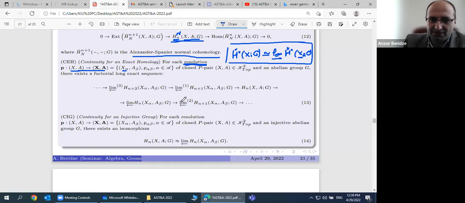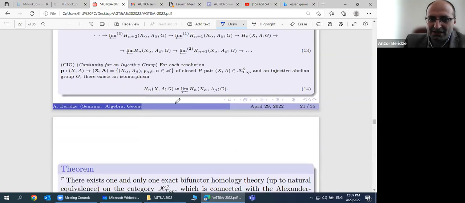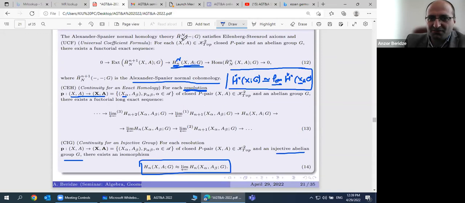And even more, this is like Zinarishvili and Inasaridze's axiom, and this is like Inasaridze's axiom. If we take a resolution again, and if we take an injective abelian group G, then we have such an isomorphism. And these three properties are valid for our homology theory.